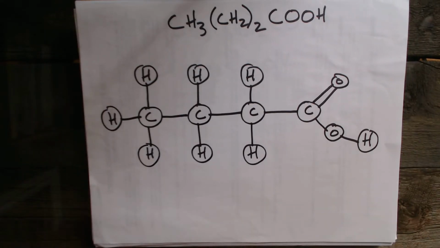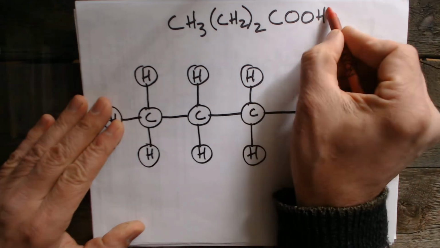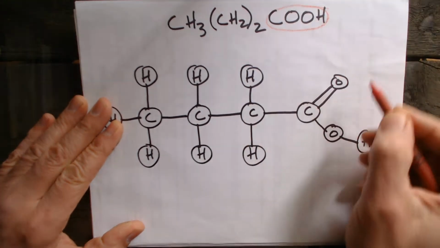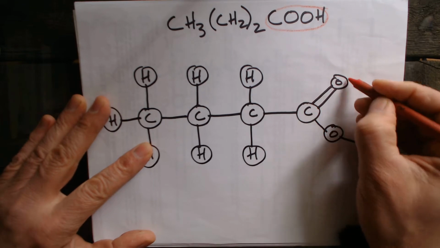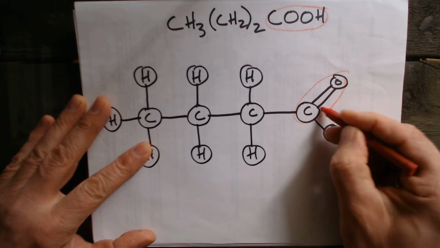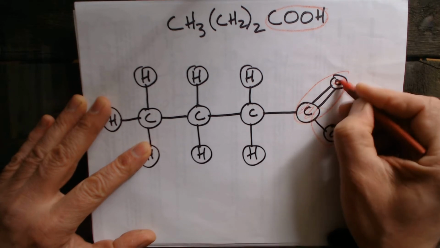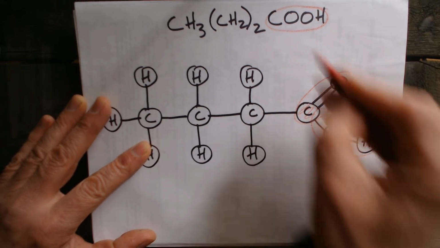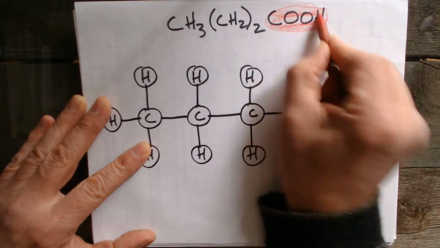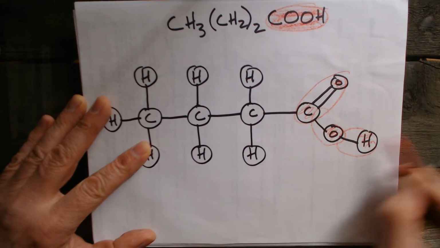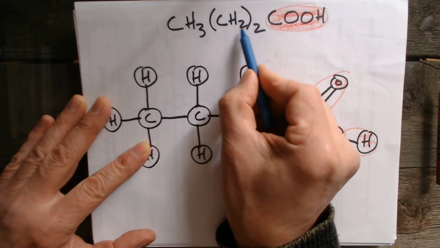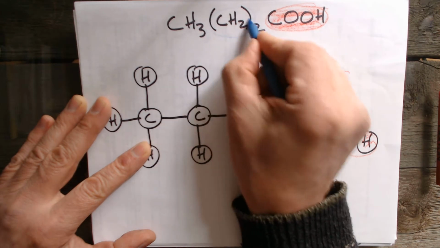What it's showing you is that the COOH right here is the COO attached to the O and attached to the H. So there's my COOH. That is telling you it's going to end up looking like this. The CH2, and there's two of them.